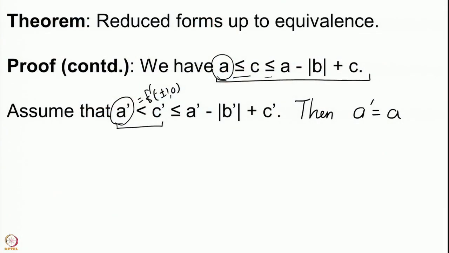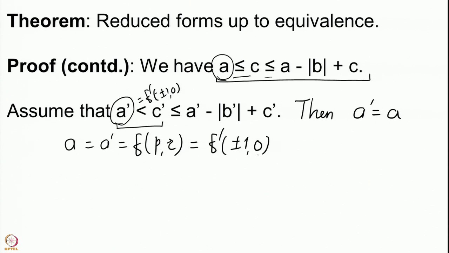So, the smallest elements in both the sets will have to be the same. A prime is equal to a, you also further have that a prime which is equal to a is f of p comma r, and this is nothing but f prime at plus minus 1 comma 0.